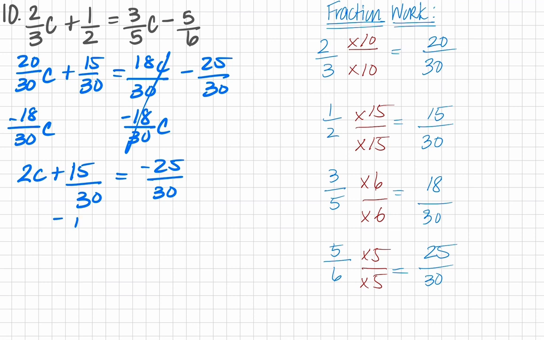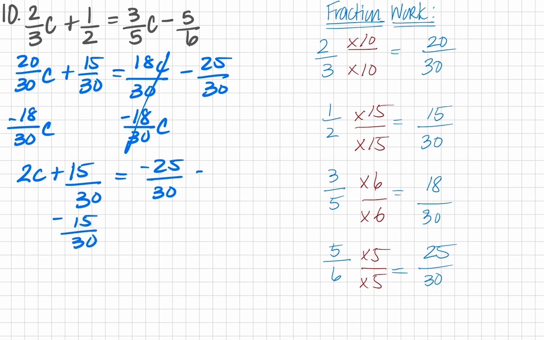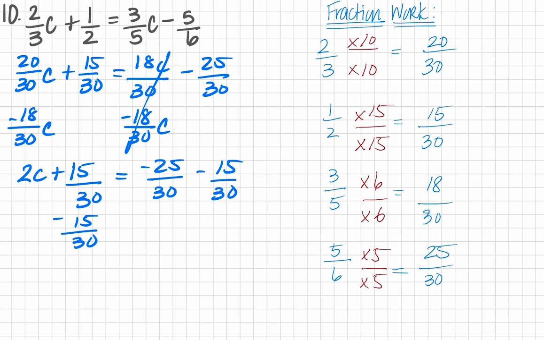Now I'm going to subtract 15 over 30 on the right. That's canceled. I have 2c is equal to negative 40 over 30. Now this 2 I'm going to divide by 2. So I'm going to divide by 2 on this side as well.